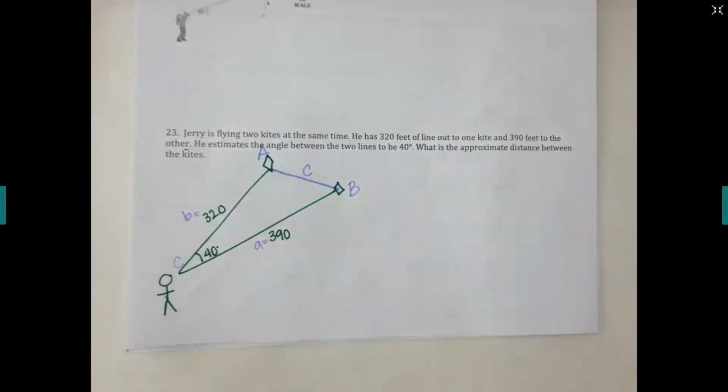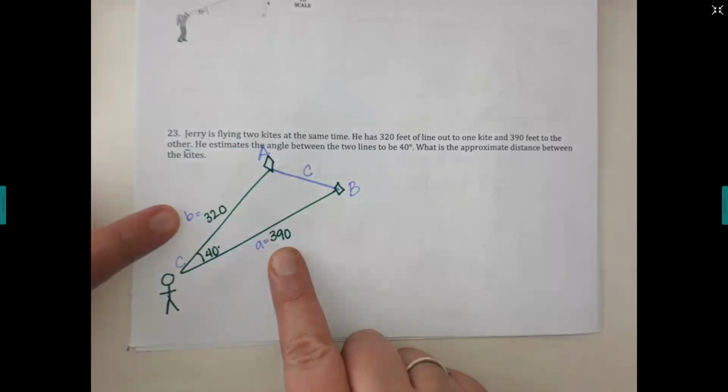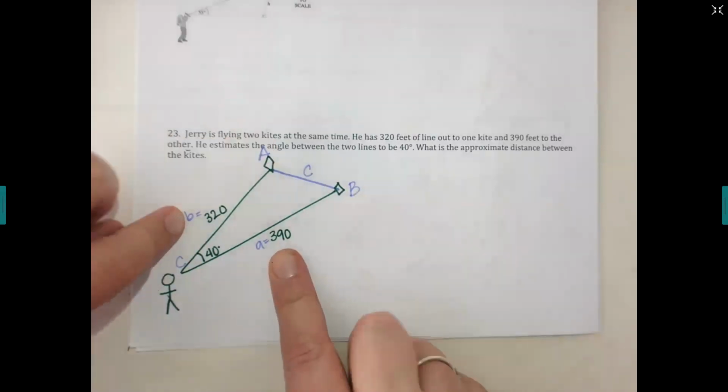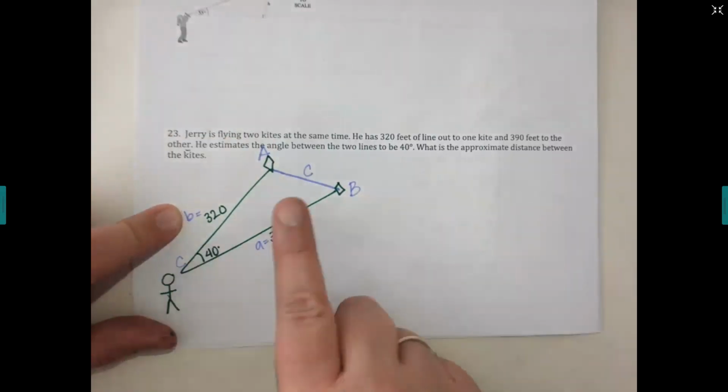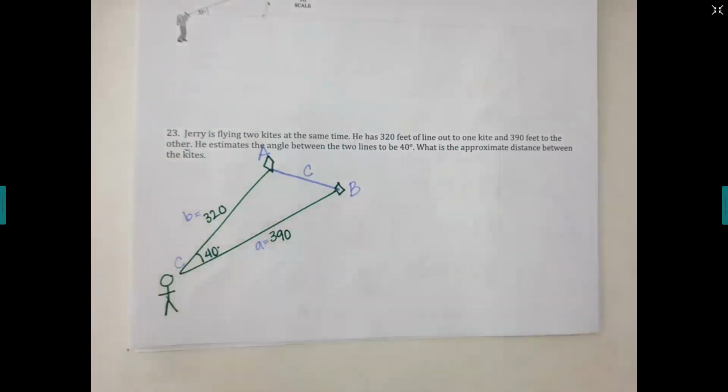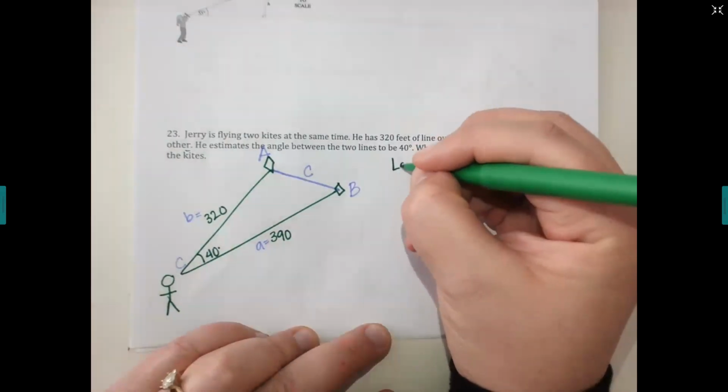Okay, then look at your information to determine, do I want law of sines with partners or law of cosines with no partners? So think about that for a second. Okay, I know little b and little a, but I don't know either of the bigs. And then I know big C, but I don't know little c. You're going to need to use law of cosines.